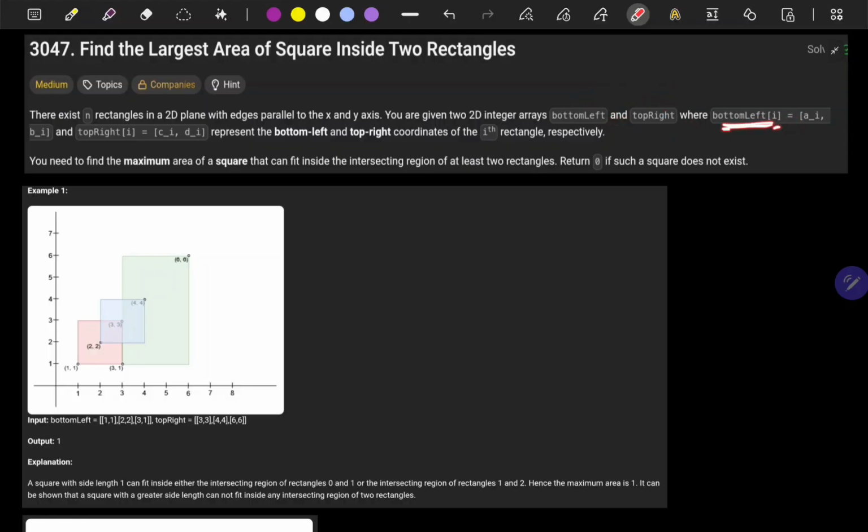Bottom left of i is a of i and b of i. Top right of i is c of i and d of i. They represent the bottom left and top right coordinates of the ith rectangle respectively.